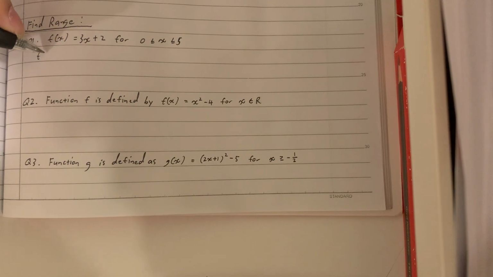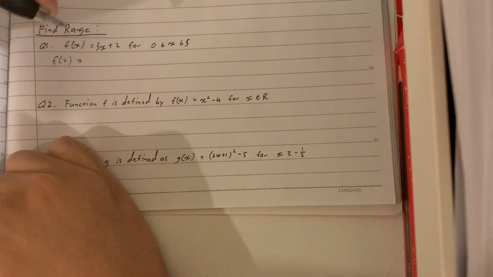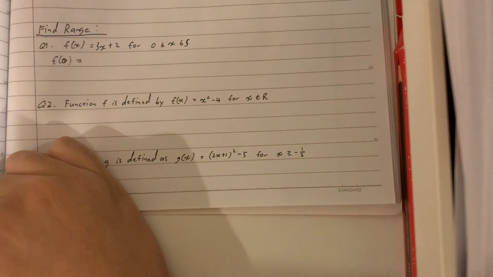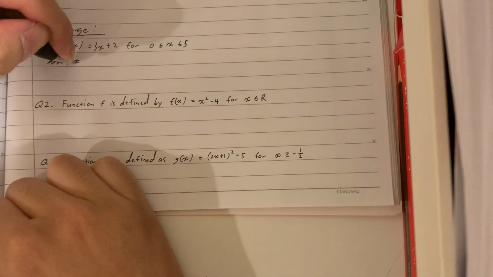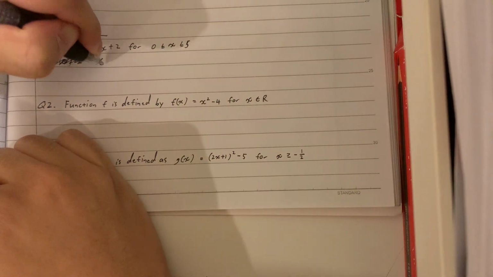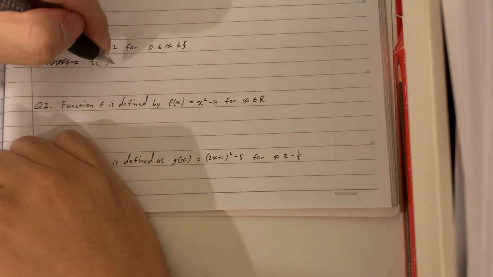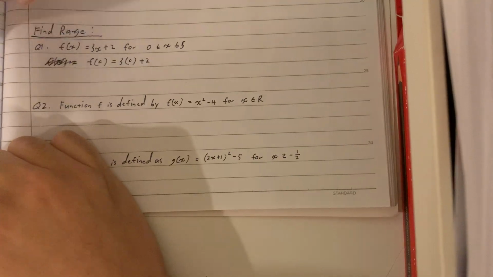So it's f bracket 0, our minimum value, is equivalent to 3 times 0 plus 2.